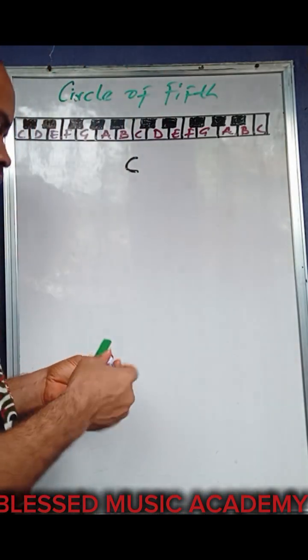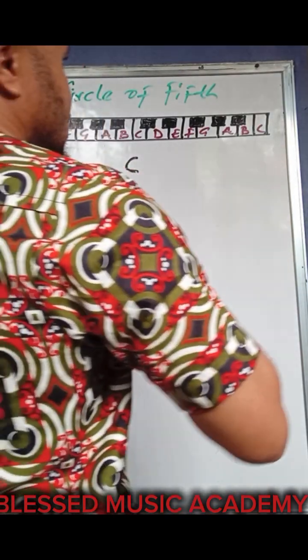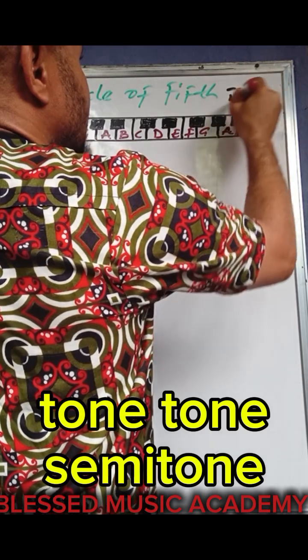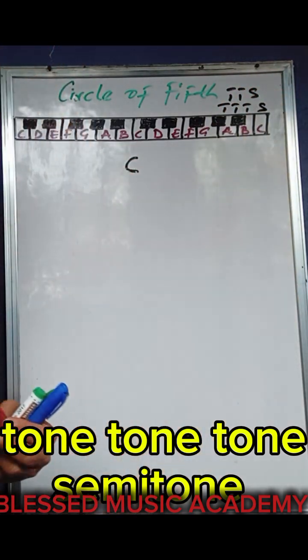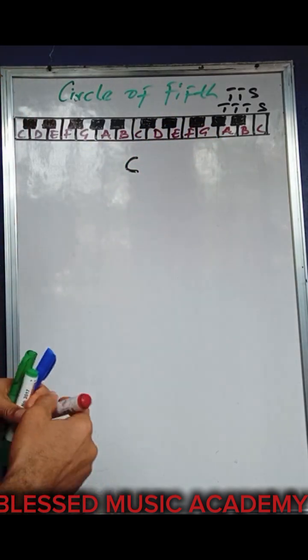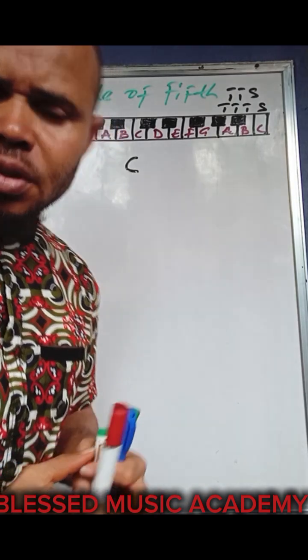The pattern that every major scale follows is tone, semitone, tone, semitone, that is the pattern that every major scale follows. So in the key of C there are no sharps, no flats.